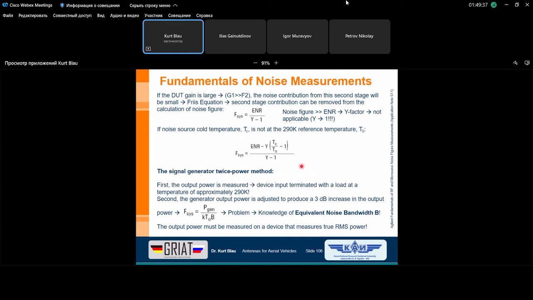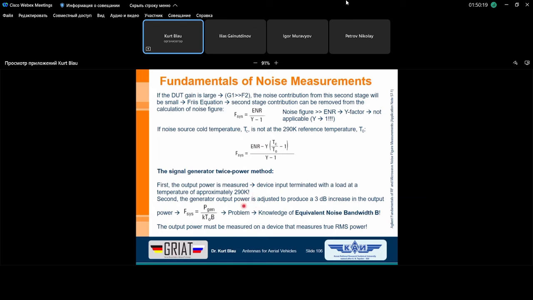How can we do this? We must look at the output power. The generator's signal is applied to our, for instance, power amplifier. Then the input power is reduced in such a way that it has no influence on the output power and the output noise power of the amplifier. The amplifier is switched on, it's clear, and at the output we have a power meter.